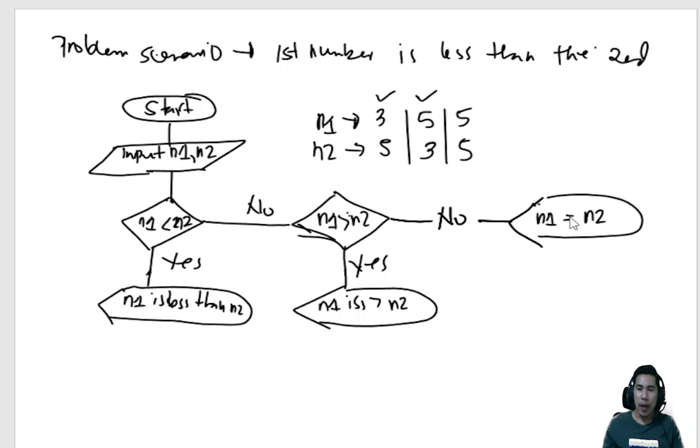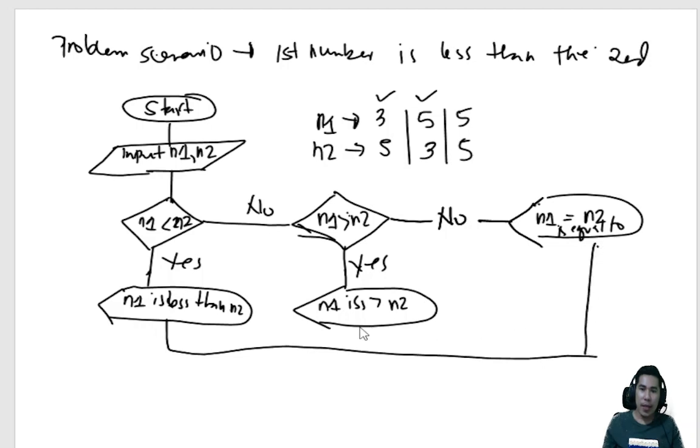For the output, just display something like N1 is equal to N2. After that, you connect all these hybrid symbols and then you go to end. Okay, so that's for sequence.